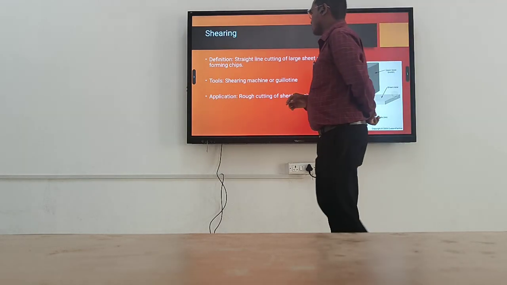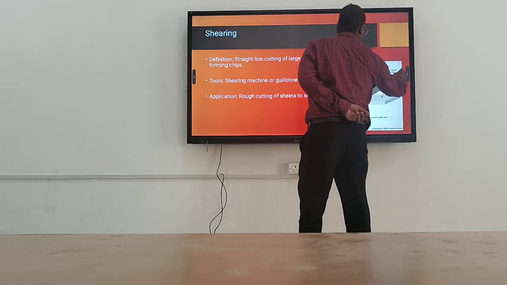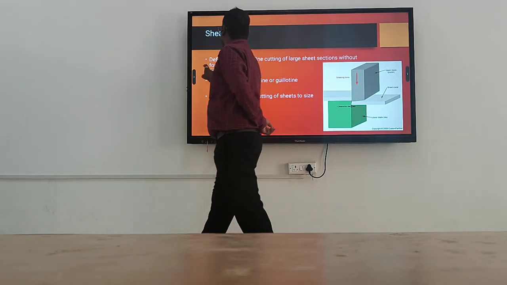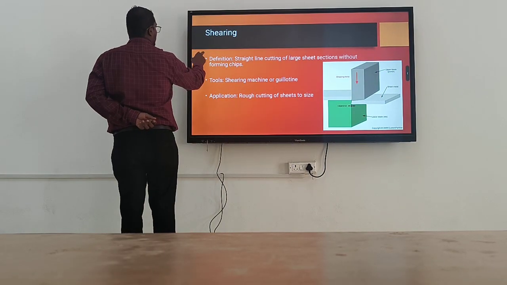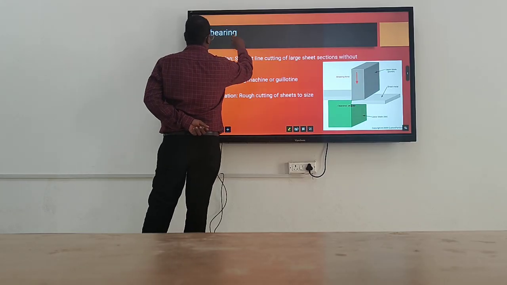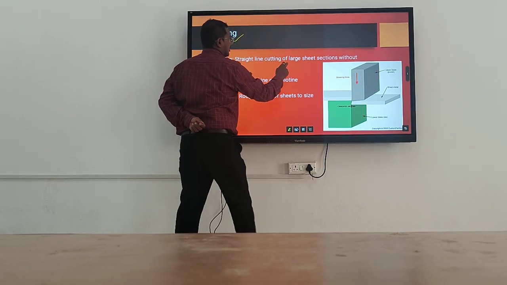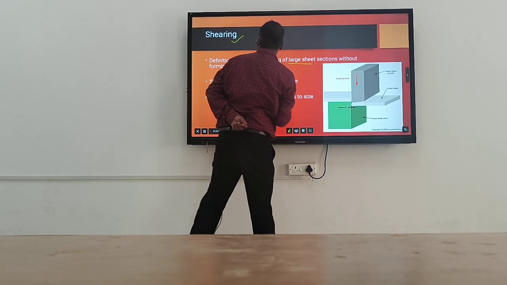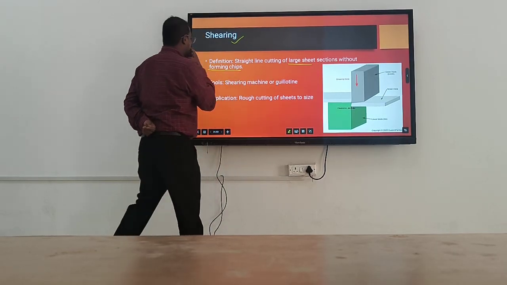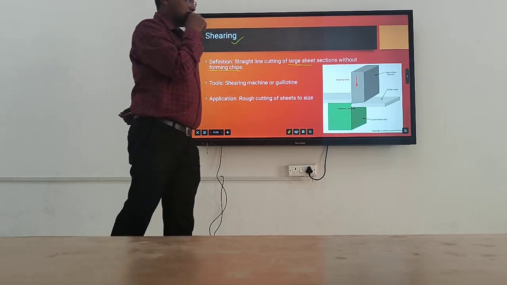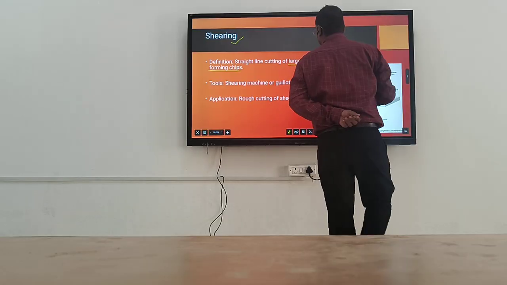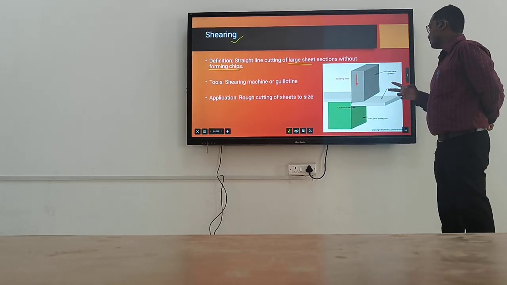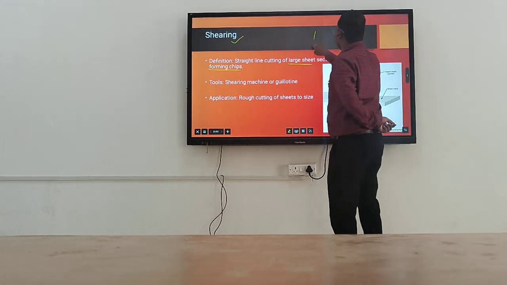In cutting operation, first we discuss the shearing operation. Shearing means cutting a large sheet.